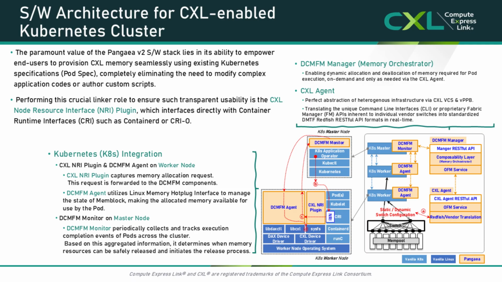Concurrently, the resource annotation field within the pod YAML file specification explicitly declares the attribute memory type CXL, alongside the required memory capacity for execution.